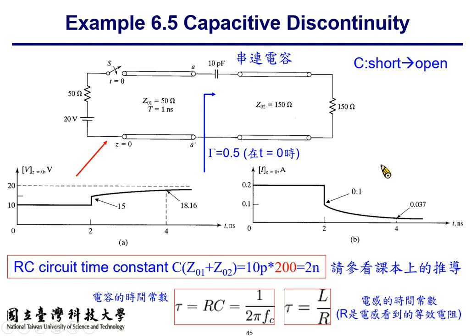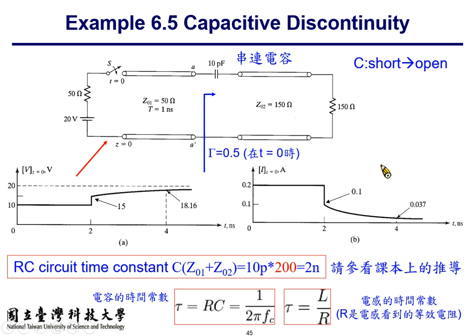Okay, because the middle becomes an open circuit, so the transmission line is broken up. And in the steady state, the effect of the transmission line plays no role in this circuit. So you just have the 20 volt battery on the left-hand side. And you can see that the voltage climbs up gradually.